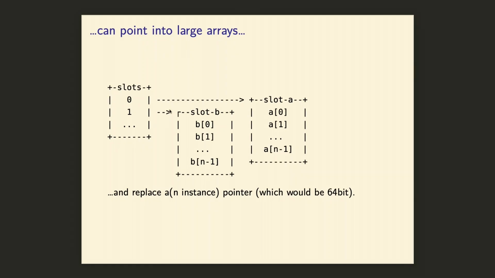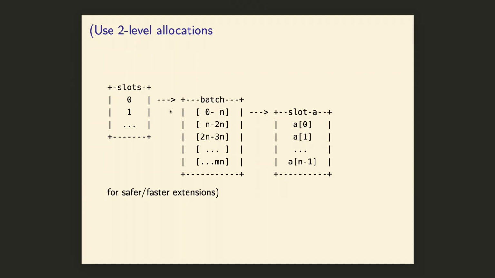The big advantage is if you have a low number of instances, the pointer required to index into these arrays can be much smaller than 64 bits. You can use 8 bits, for example, then it's a simple unsigned character field in C or something like that, which reduces space usage.